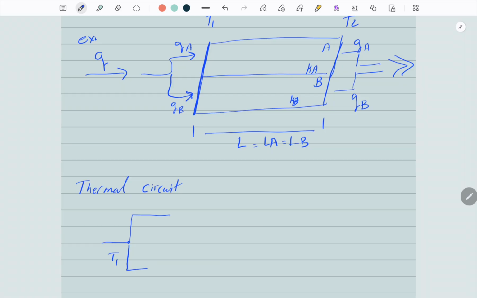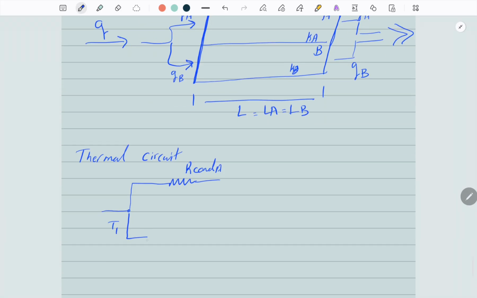One goes through a resistance of A, R conduction A. For now, we're disregarding the convection that's happening on both sides of the wall. We'll go through that later. But to continue on, the second material has a resistance of R conduction B. And then they join again here at node T2, and heat is flowing out.